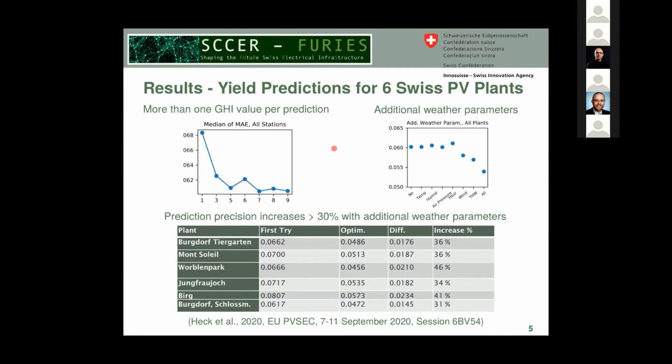We also provide for a certain prediction the algorithm with future and past forecasting values. So we made tests including the actual hour, a future hour, and a past hour, then 5 values, 6 values, 7 values, and so on. You see this temporal averaging immediately yields some performance gain of the algorithm. We measured here the mean absolute error, the normalized mean absolute error, normalized by the maximum output of the PV plant.